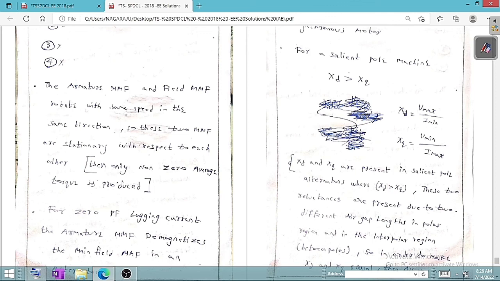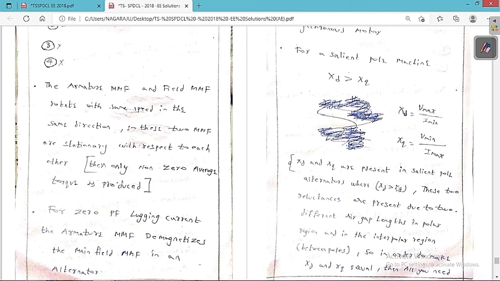Therefore, XD and XQ are present in salient pole alternators where XD is always greater than XQ. These two reactances are present due to two different air gaps in the polar region and the interpolar region. The polar region is also called the direct axis, and the interpolar region is also called the Q axis.